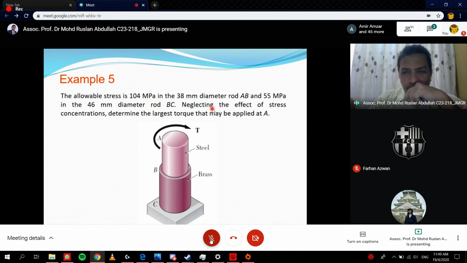The question is, what is the largest torque that can be applied at A, to make sure both sections AB and BC are safe? In this case we have to analyze section by section: section AB and section BC.